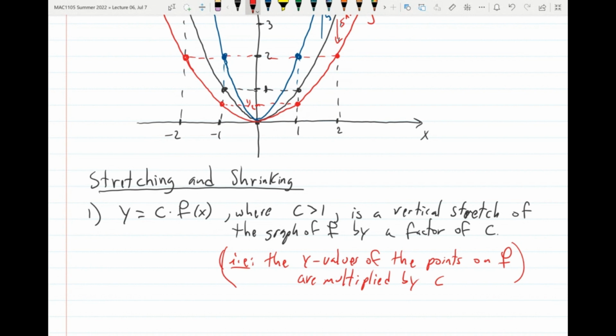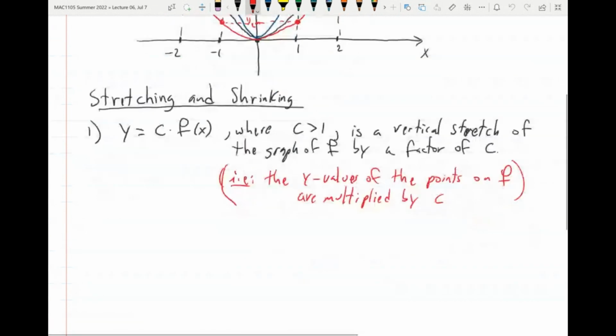Okay, that's what I mean when I say by a factor of c. That means the y value get multiplied by that c. Okay, so you have 2 times something, then if you have the point 2,3 on the graph, then that point becomes 2,6 because the 3 has to be multiplied times 2. Okay, so the y values of the points on f are multiplied by c.